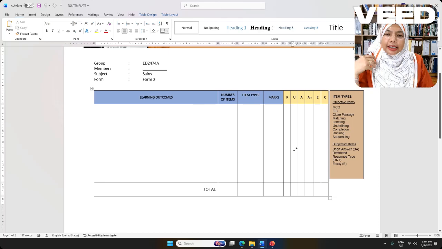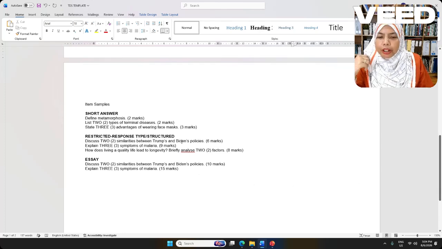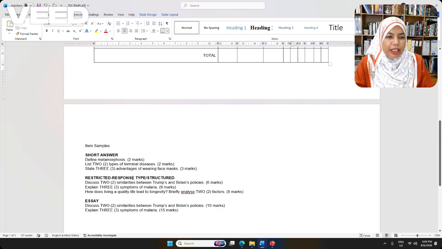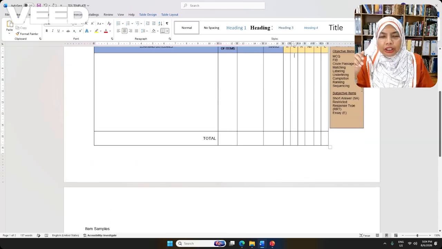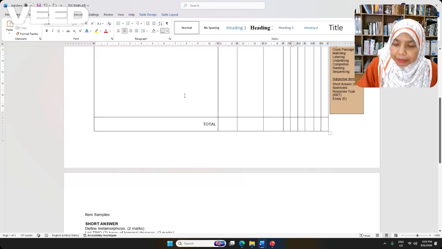And just in case you forget the kind of questions that represent each of these subjective items, just flip to the second page where we have samples of these items. We have actually developed similar items when we did item construction exercises based on levels of Bloom's taxonomy.